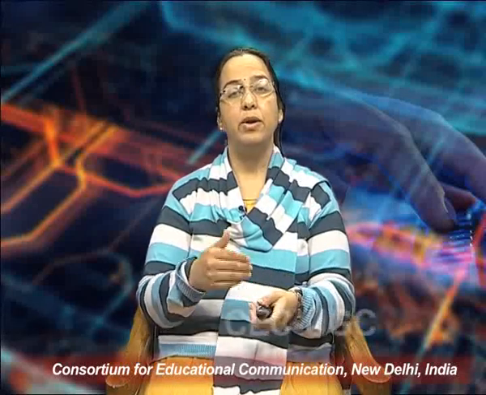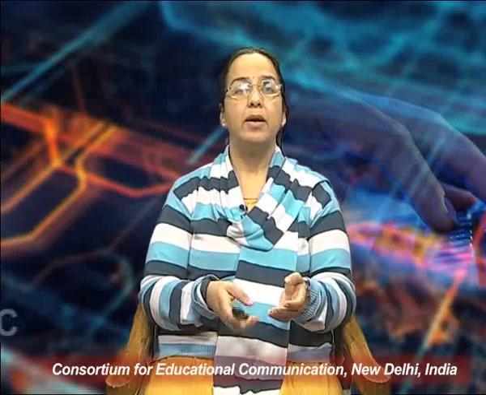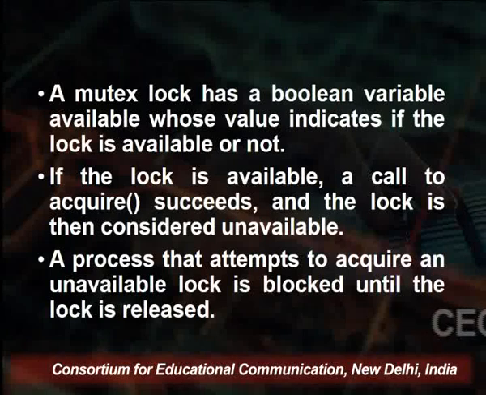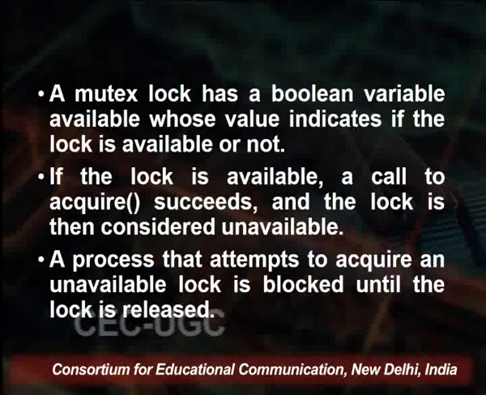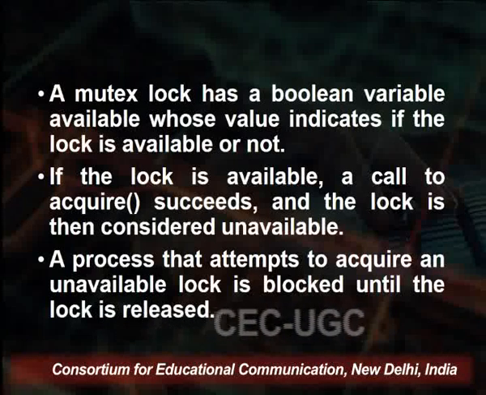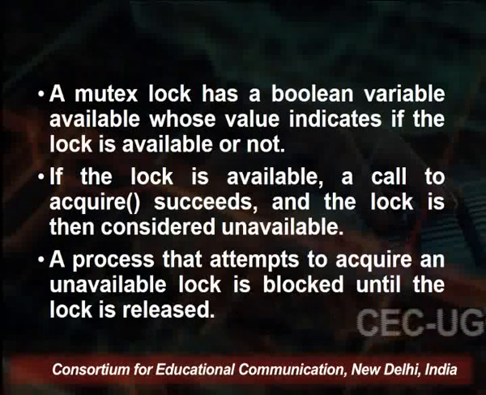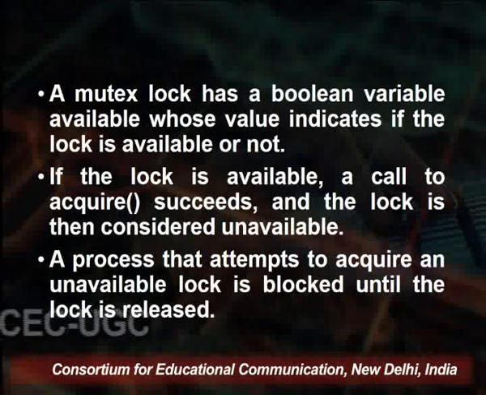To take the lock, the acquire function is used, and to release the lock, the release function is used. The mutex lock is a Boolean variable whose value indicates whether the lock is available or not. If the lock is available, then we can call the acquire function. If the lock is not available, then we cannot call acquire.